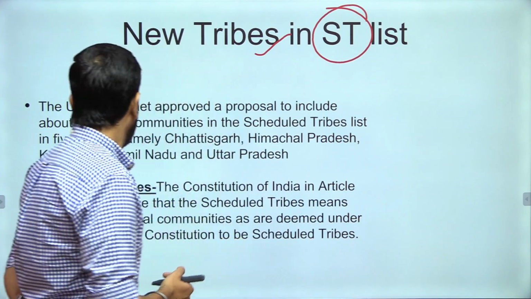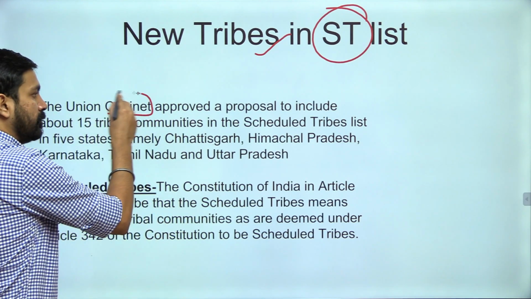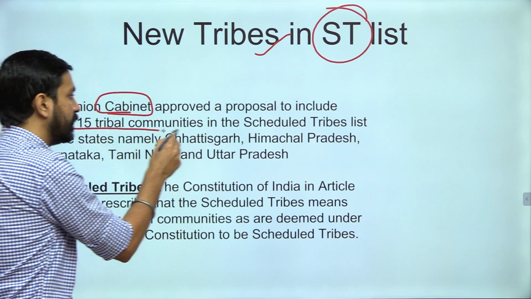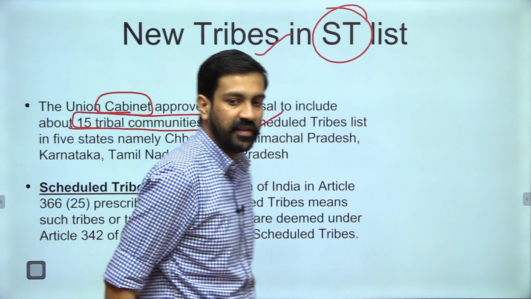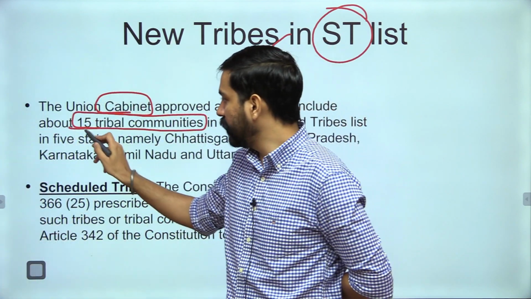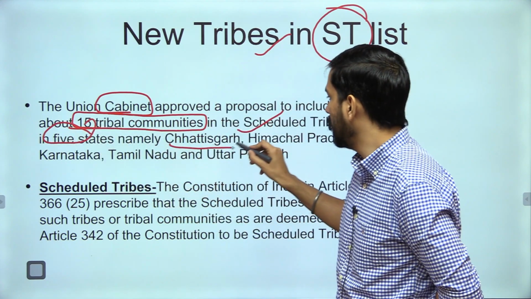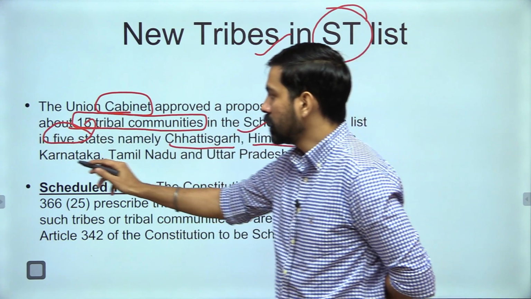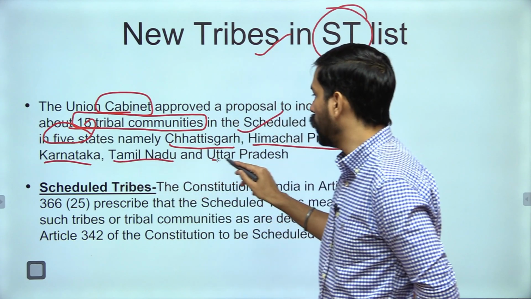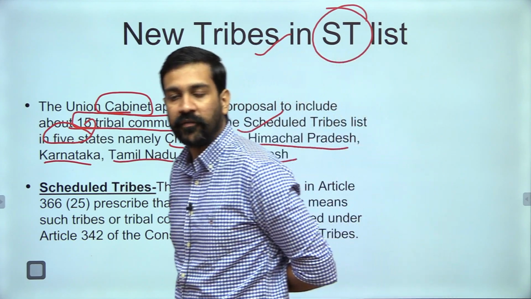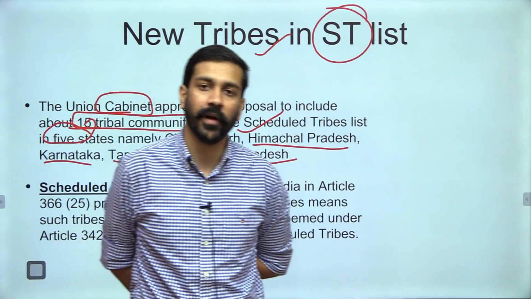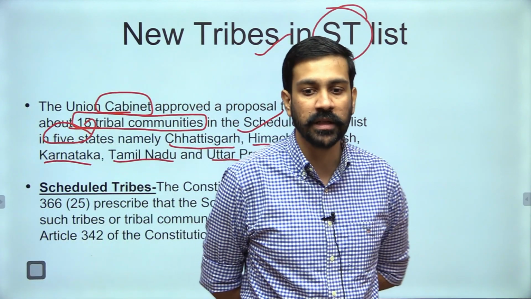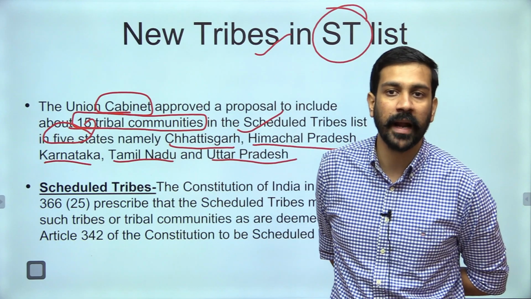So, the Union Cabinet has proposed to include 15 tribal communities in the scheduled tribe list from 5 states, namely Chhattisgarh, Himachal Pradesh, Karnataka, Tamil Nadu and Uttar Pradesh.